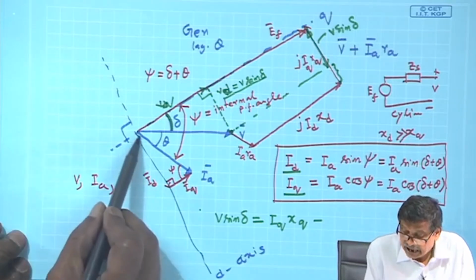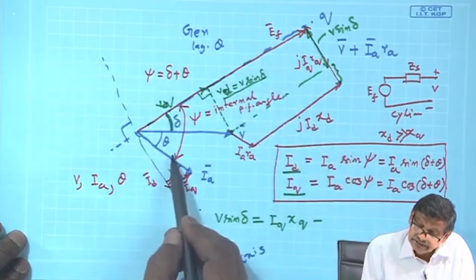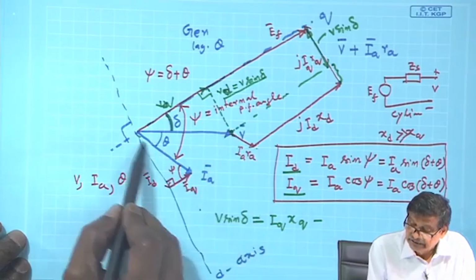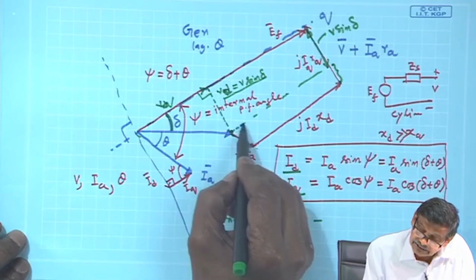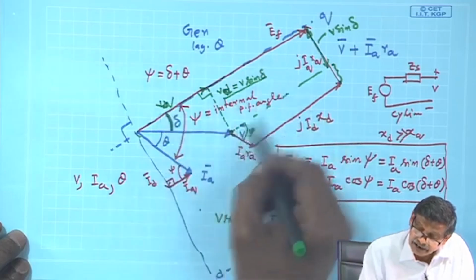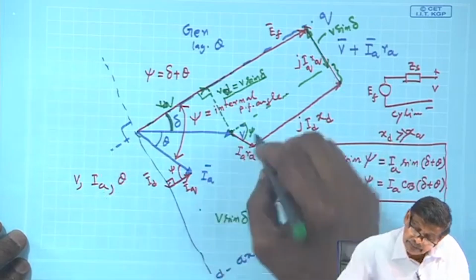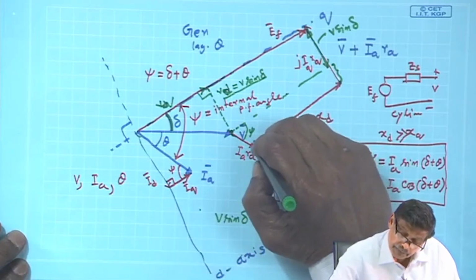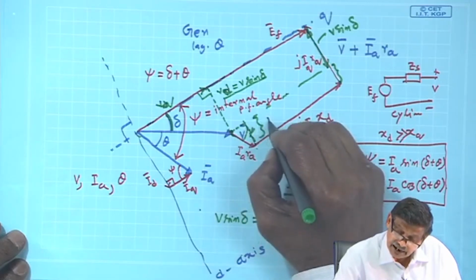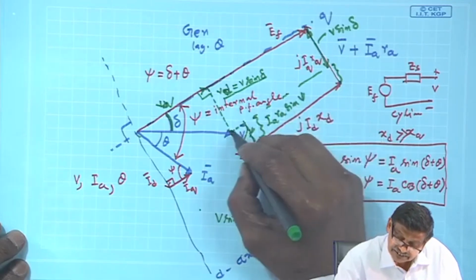See, the angle between I A and this line is psi. I A R A is parallel to this I A, so this angle is also psi. Therefore, if you drop a perpendicular there, this length will be nothing but I A R A sin psi from this right angle triangle.